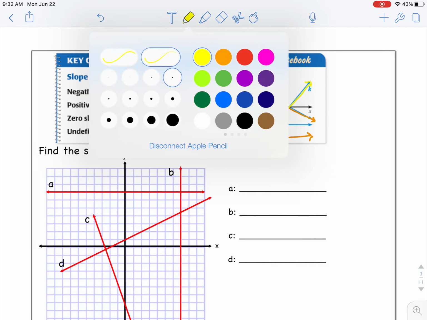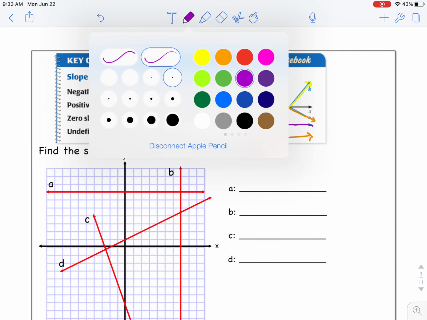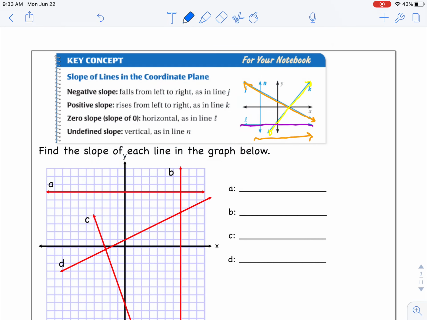Zero slope is when you don't have any rise. A horizontal line has a zero slope. And last but not least, undefined slopes are verticals.